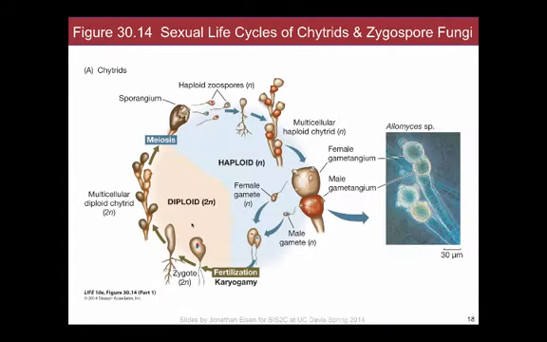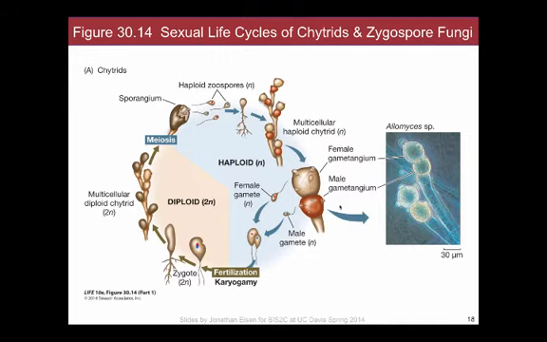And if you look at fungal diversity, one of the easy ways to distinguish different fungal groups or to get a picture of the differences between those groups is to look at their life cycle and draw out where they switch between haploid and diploid phases, what exactly they do in terms of production of gametes, and also how long they spend in different parts of the life cycle.